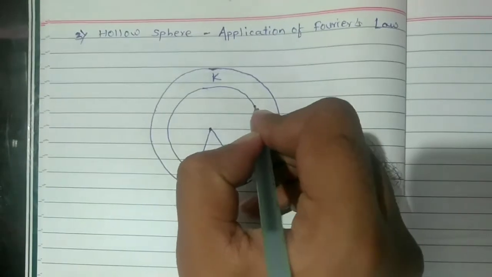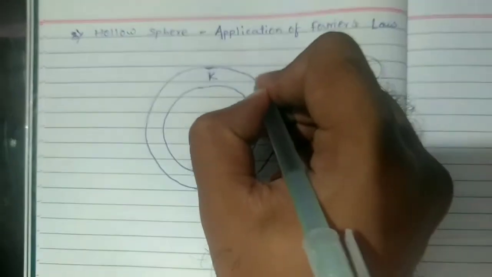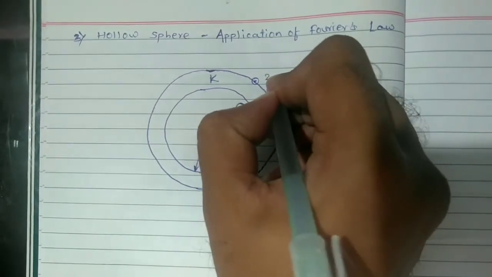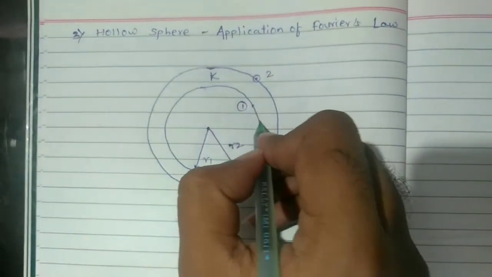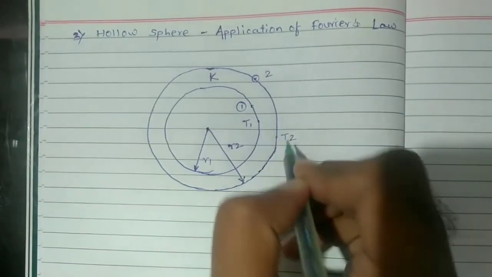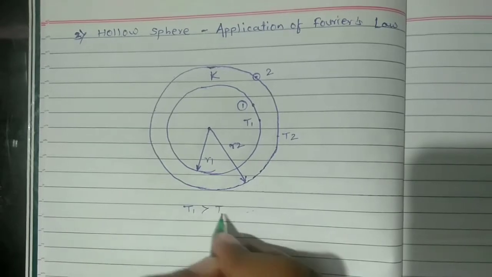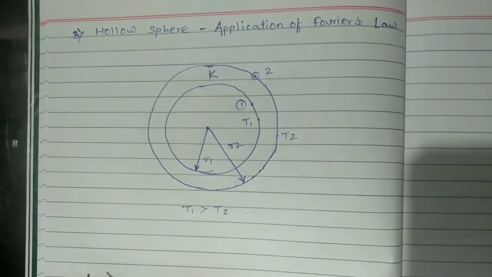Let the inner surface be considered as surface 1, and the outer surface as surface 2. The inner surface has a temperature of T1, and the outer surface has a temperature of T2. Here T1 is greater than T2, we are assuming.